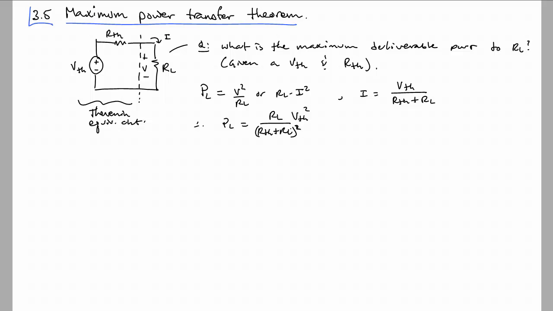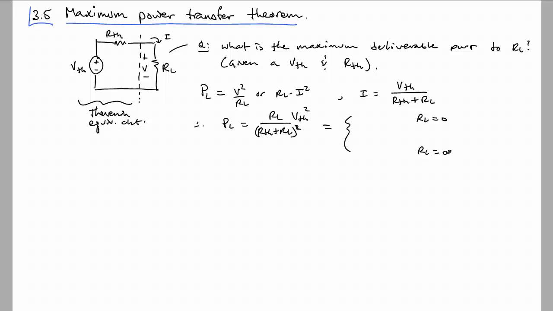Okay, and we can observe a couple things at first here before we really dig into what is the maximum power. We want to consider the case where RL is equal to 0 and when RL is equal to infinity. So without even looking at this expression, if you just go back to the circuit and ask, what if RL is equal to infinity?